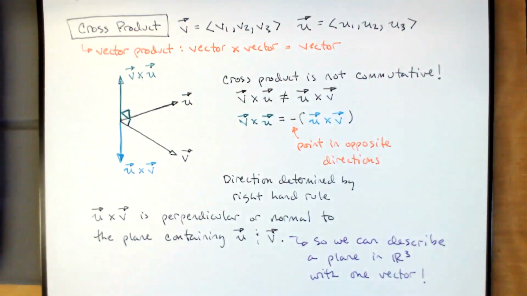So this is going to allow us to describe a plane in R3 with one vector. If I say the vectors u and v are forming a plane, we can describe that plane with u cross v by saying everything perpendicular to a normal vector.